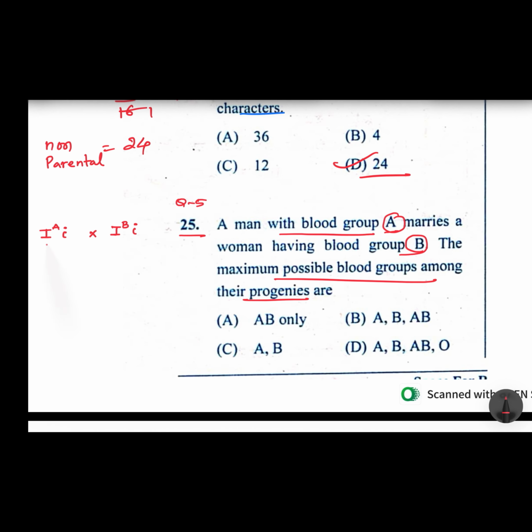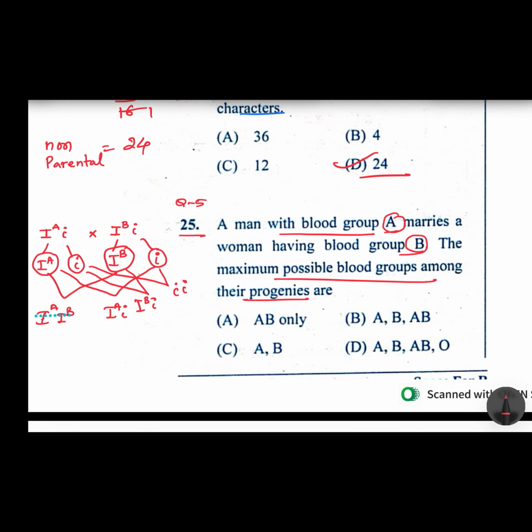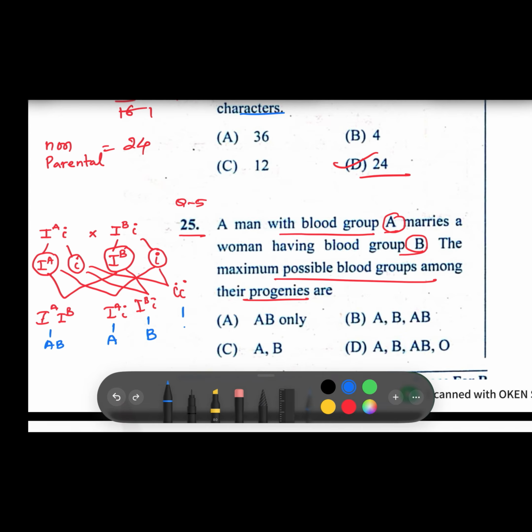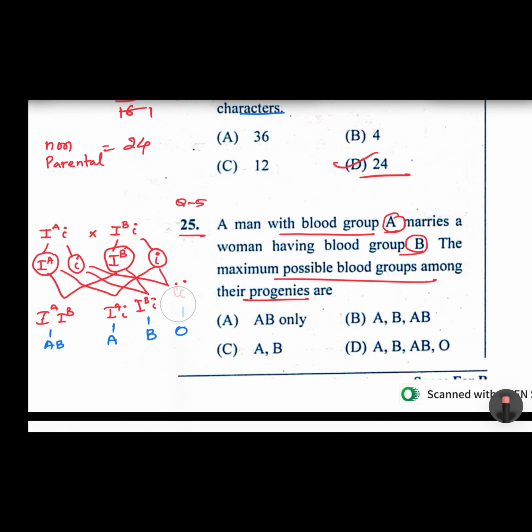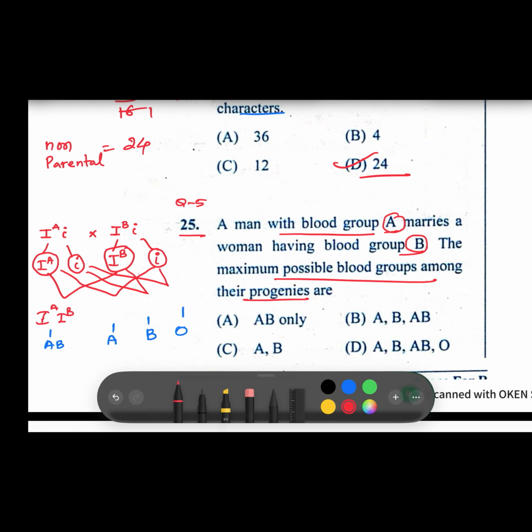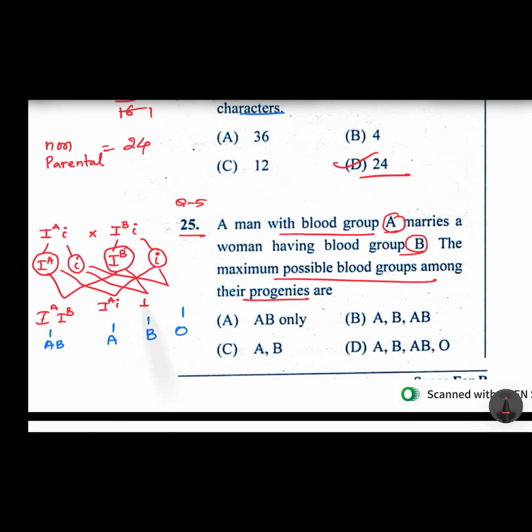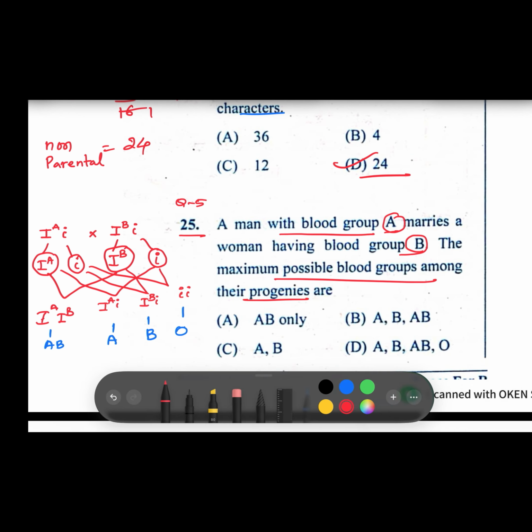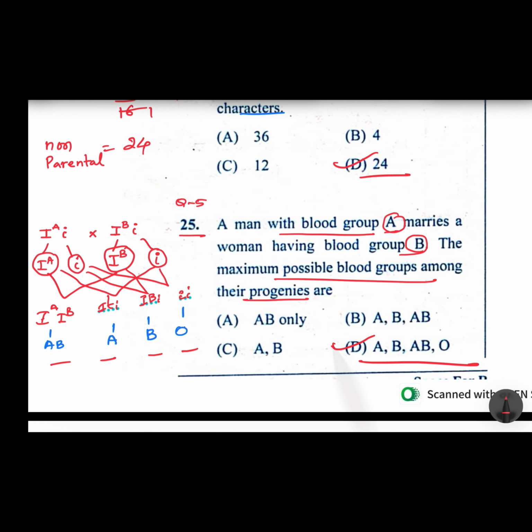So better we cross heterozygous A with heterozygous B, then we will get 4 different blood groups in the progenies, that is AB, A, B and O. So hence the answer for this question will be D. IAI, IBI, ii. So answer is D here.